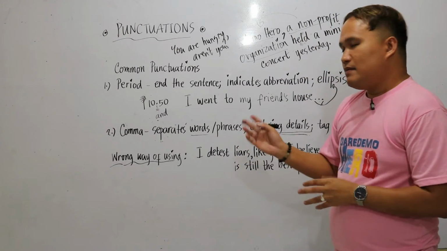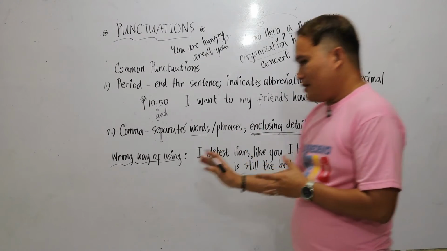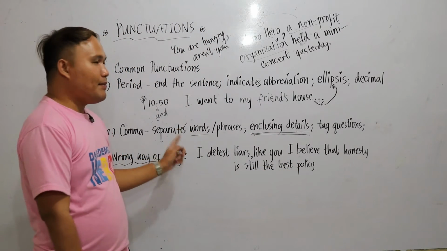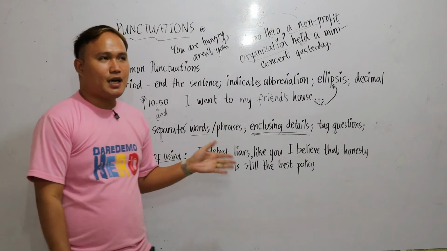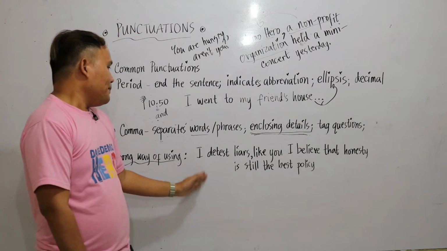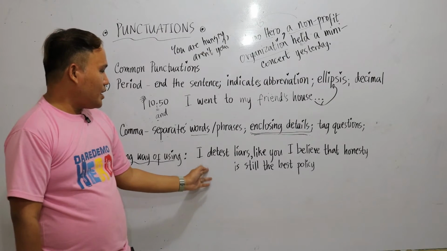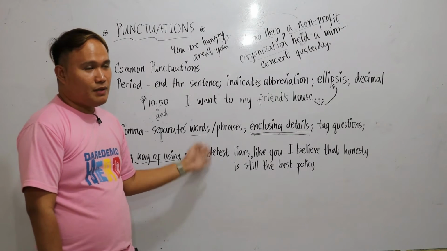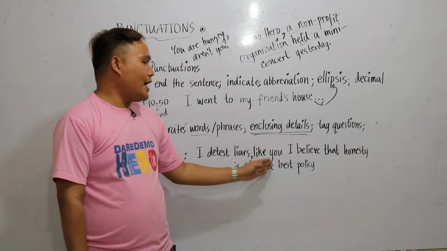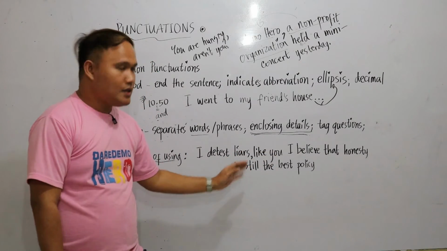Okay. Last part that we're going to discuss is the wrong way of using a comma. You've got to be careful, not just the comma, but the rest of the punctuations. Okay. But let's try to have this one. Let's try to figure out the mistake. I detest liars like you.